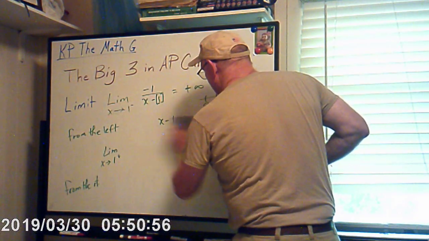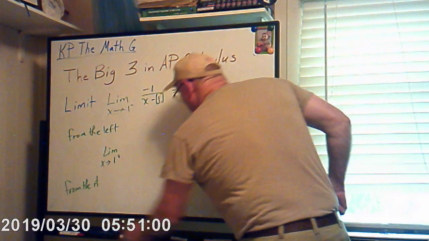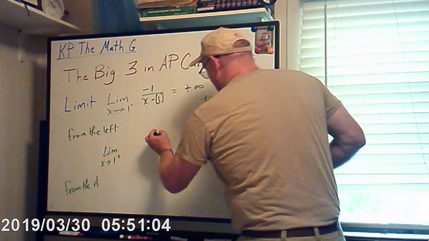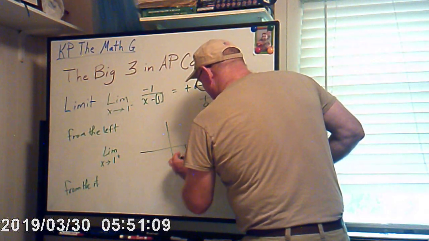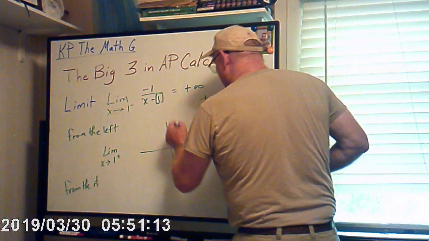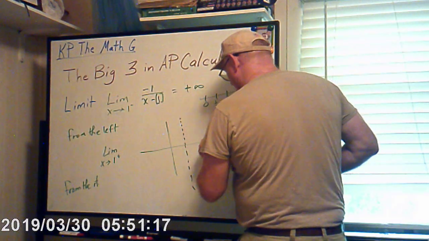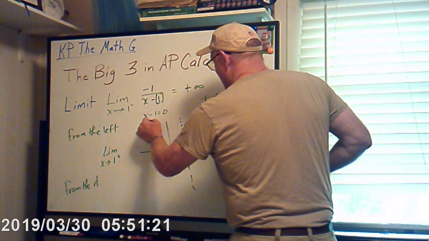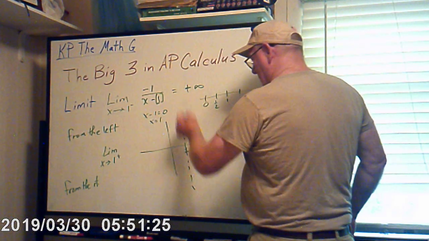So let's see here. What's the behavior of a graph? That's what it really is telling us. So to the left of 1, we know the graph is increasing. There is a vertical asymptote at x equals 1. X minus 1 is 0, x equals 1. So a vertical asymptote at 1.